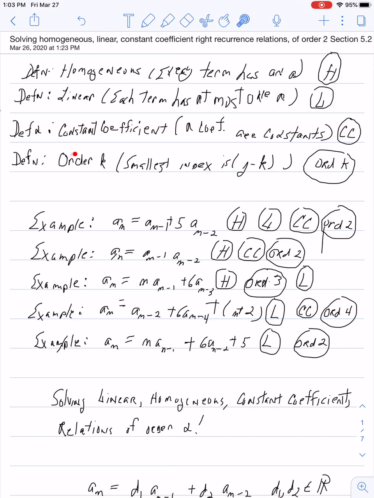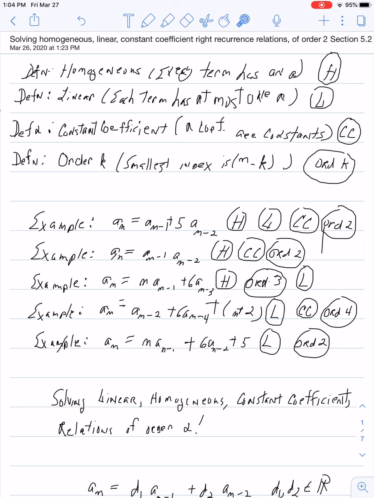It's of order k if the smallest index in the recurrence relation is, and I'm going to make a little change, n minus k. Okay, so if the smallest index is n minus k, then k is largest.